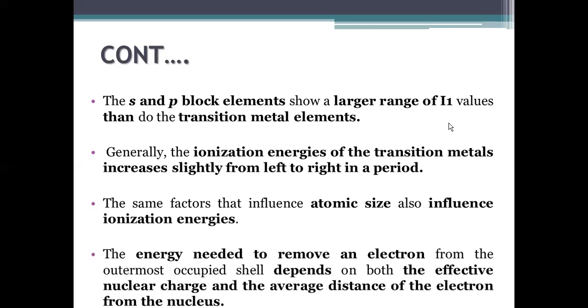Also, the energy needed to remove an electron from the outermost occupied shell depends on both the effective nuclear charge and the distance of the electron from the nucleus. This is what I said earlier. If you want to remove an electron, it depends on these two things.